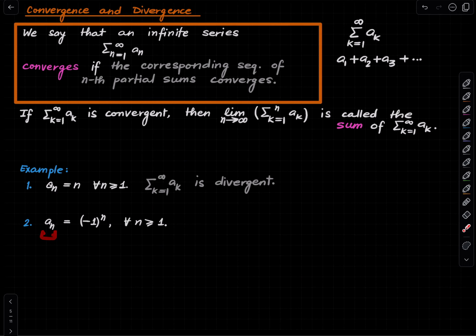It is not converging to any value, it is fluctuating. So again, this is divergent. I defined convergence, but I'm giving examples of divergent series because it is not so easy to give examples of convergent series in hand. But we'll see examples of convergent series in this lecture. Let's just wait for a while.